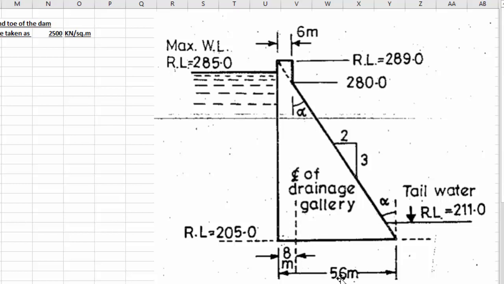So we are going to ignore it for the time being. We'll do it in other numericals. In this problem, we are just going to calculate the load due to water on the upstream side, the load of water on the downstream side, and then the self load of the dam.